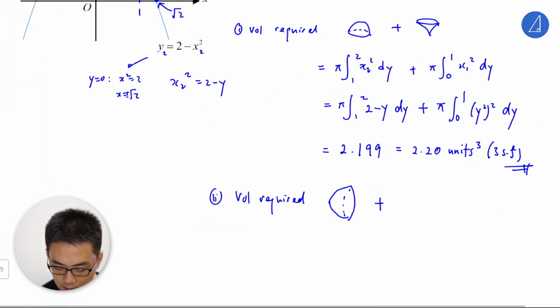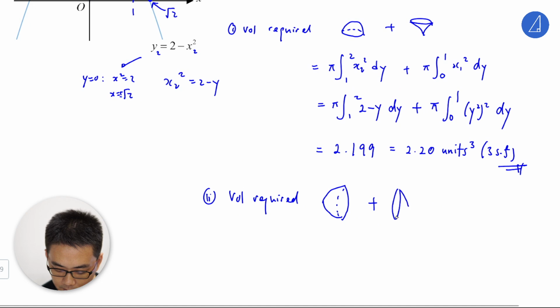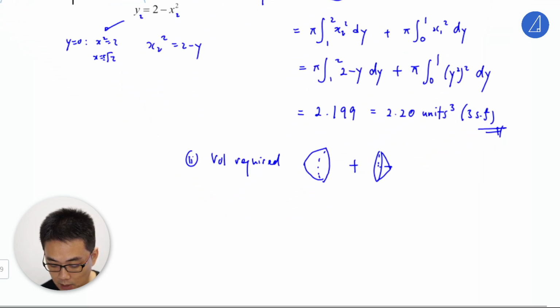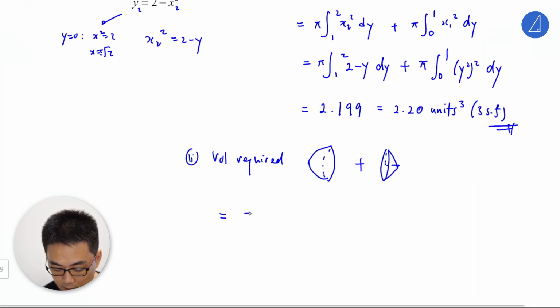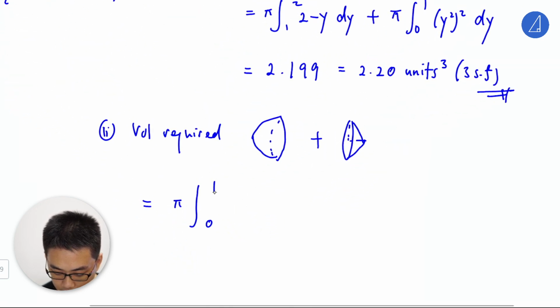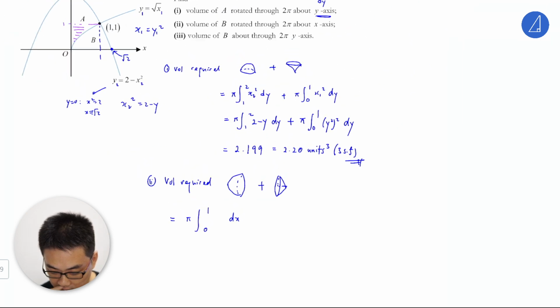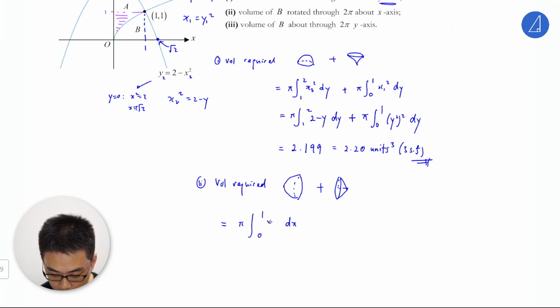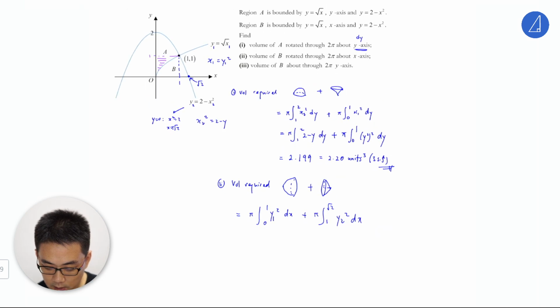Plus, one here will be something like that. This will be pi 0 to 1 y1 squared dx, then plus pi 1 to root 2 y2 squared dx.